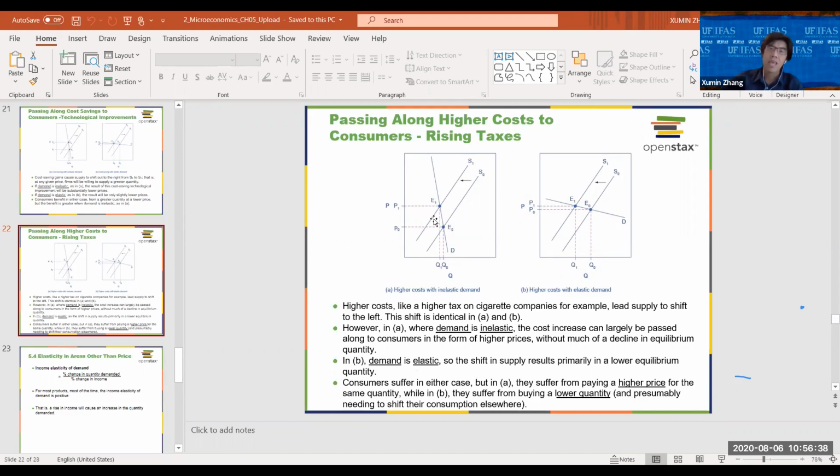In this case, if the demand is inelastic, they can save a lot of money, because the quantity is not reduced a lot, but the price is increased a lot. So who is taking the advantage? We know that the consumers suffer in either case, but comparatively, a lower price is better. But for the company, it's a different story.